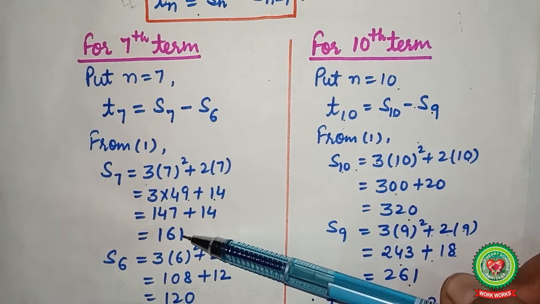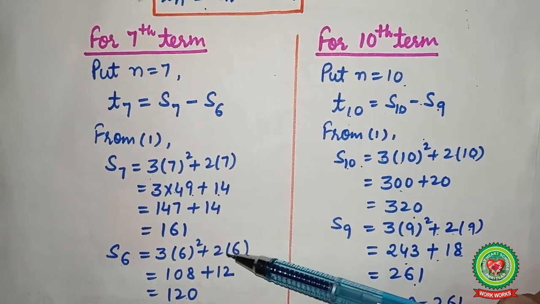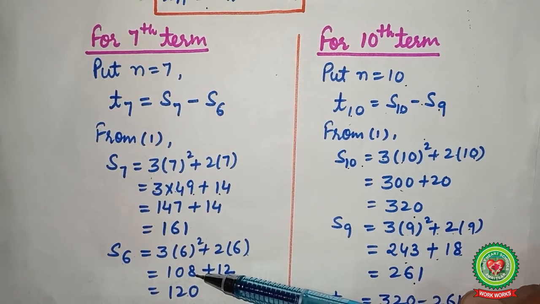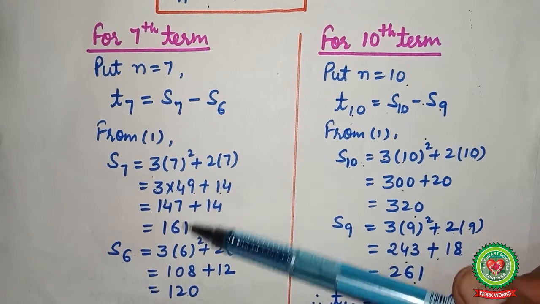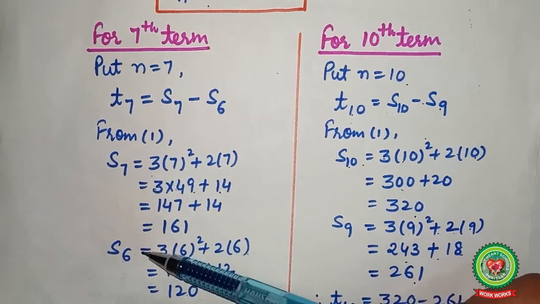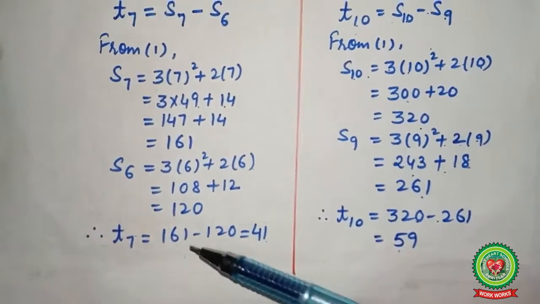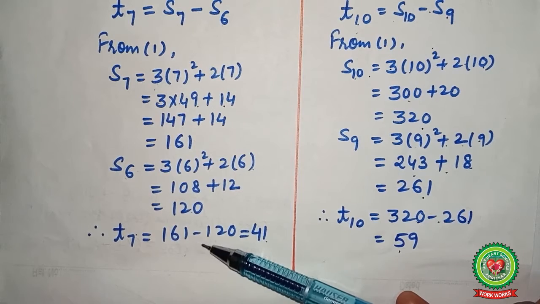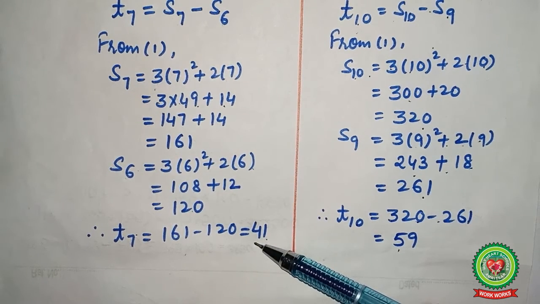Similarly, for n is equal to 6, it will become 3 into 6 square plus 2 into 6, that is 108 plus 12 is equal to 120. Put the value of S7 and S6 here, we get T7. So T7 is 161 minus 120 is equal to 41.